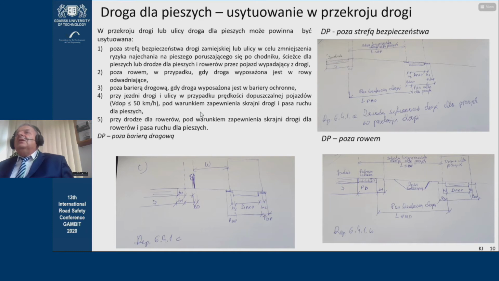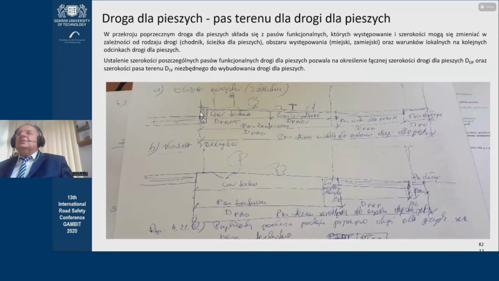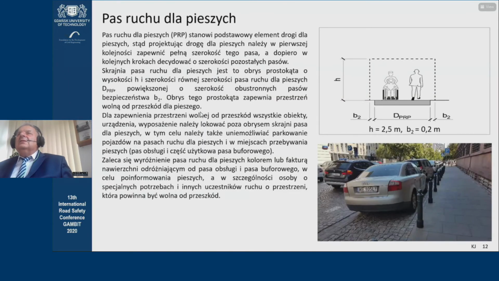It must be 11 meters when it's 90 kilometers. This must be free of obstacles, and any pavement or pedestrian crossing must be separated from the driveway with this width of a zone.